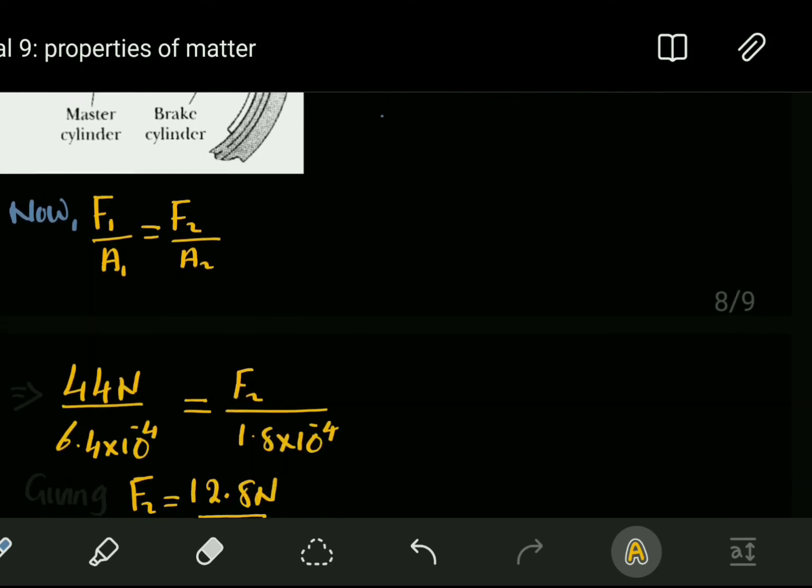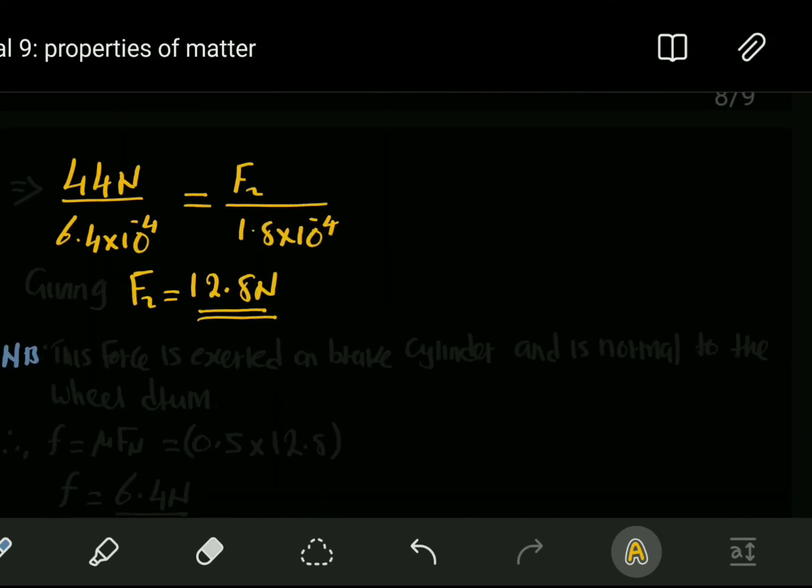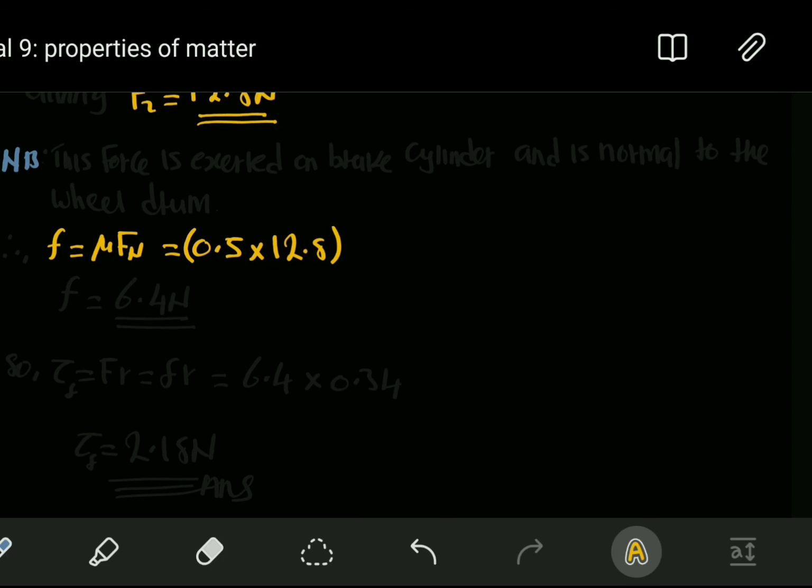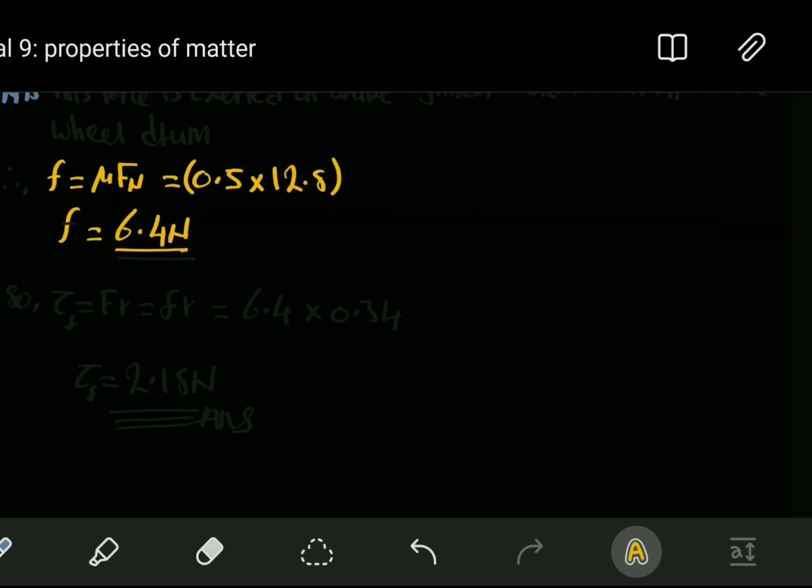The frictional force is equal to the coefficient multiplied by the normal force, which is 0.5 multiplied by the normal force we just obtained, F2, 12.8 newtons, from which we find our frictional force as 6.4 newtons.